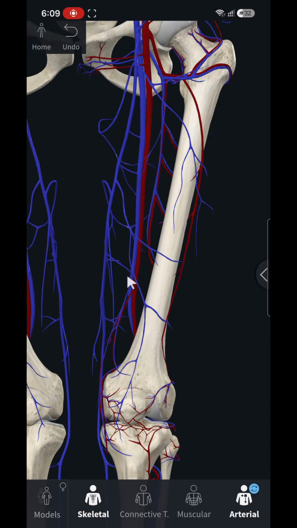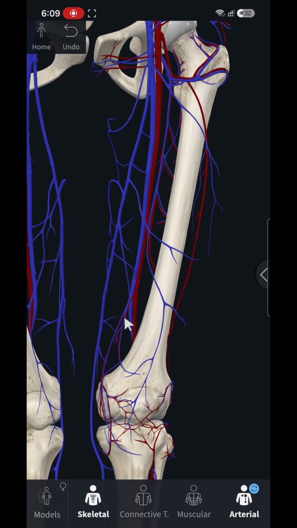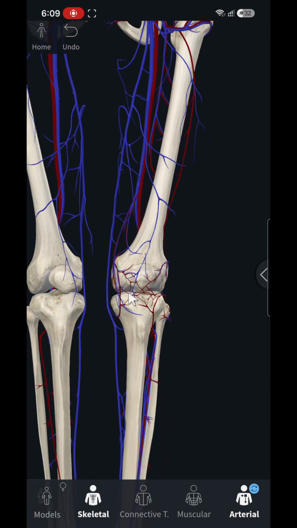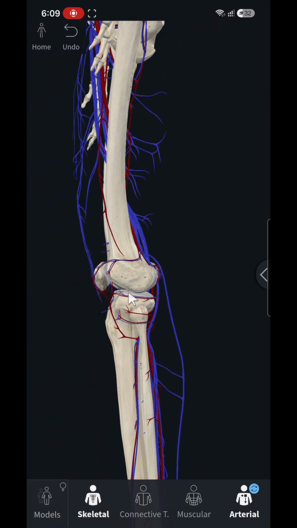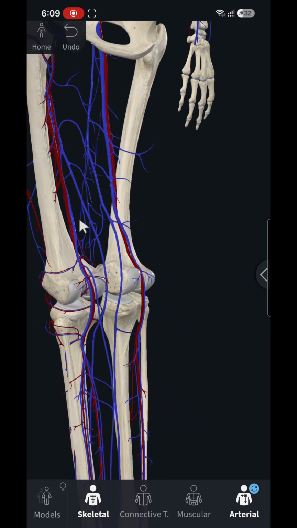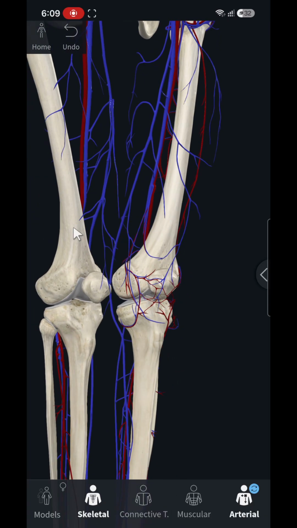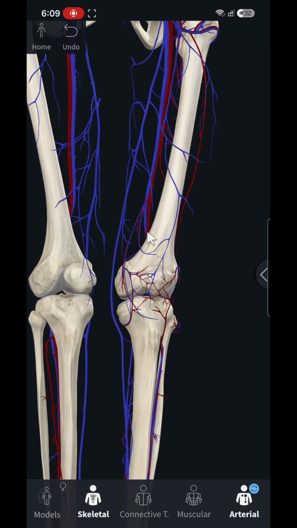So we move alongside the medial side of the thigh with the femoral vein and in each section we make sure that it's compressible, and then we get here to the area here medially. It gets very deep, right?